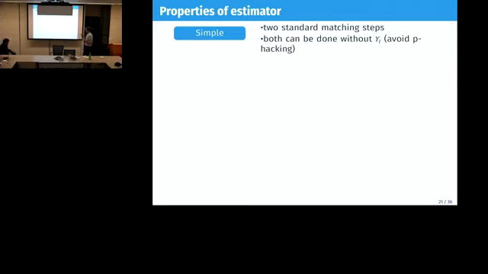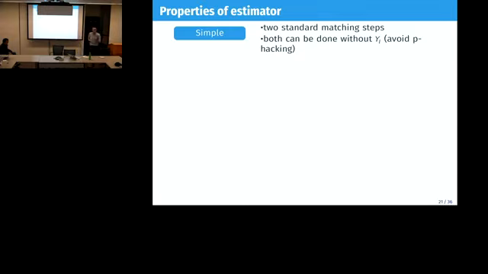One thing that's nice, if you think that this is a problem, is that both steps of the matching can be done without access to the outcome data. I was showing you how I compute things, but there's nothing about the actual values of Y that influence either the first or the second stage.